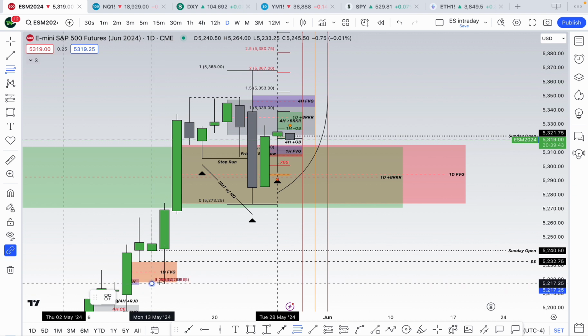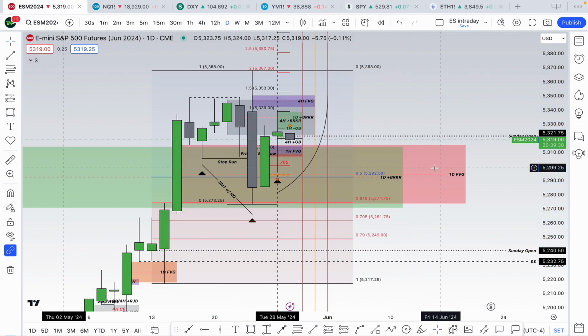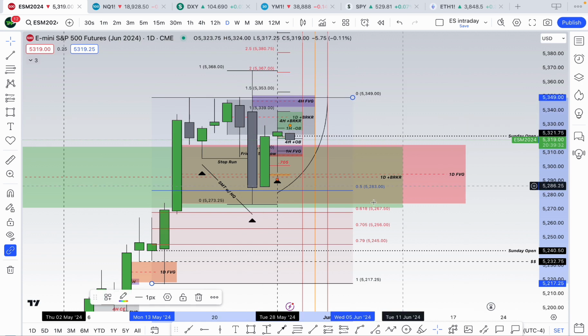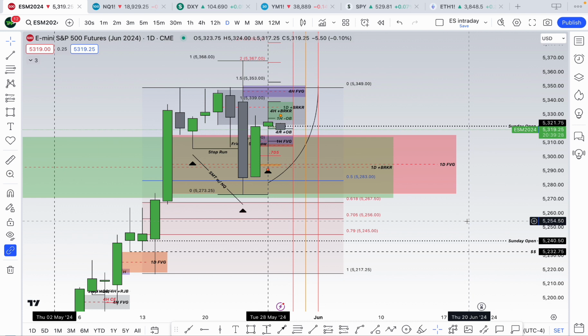Let's do this one, this candle, because this day didn't form yet, right? So we see that even on a daily fractal, this Thursday's price action came down to equilibrium of this entire price swing, right?